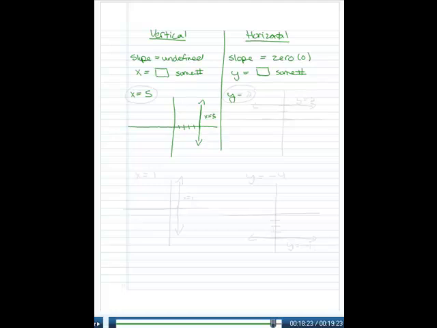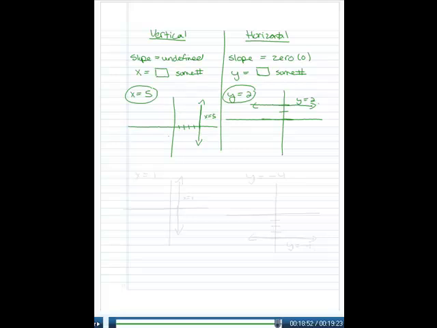Well, let's draw a graph. On the y-axis, I'm going to go up to 2, and I'm going to draw a horizontal line. Notice that vertical lines are parallel to the y-axis, even though the equation is x equals. And horizontal lines are parallel to the x-axis, even though the equation is y equals. It's almost the exact opposite if you want to think about it like that.